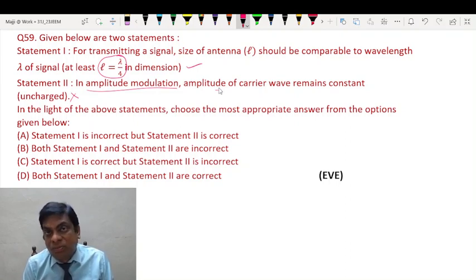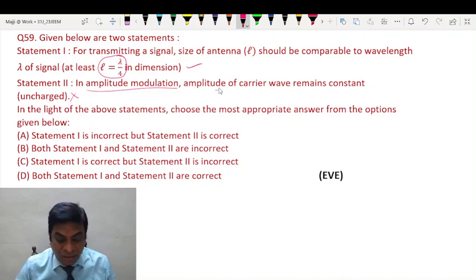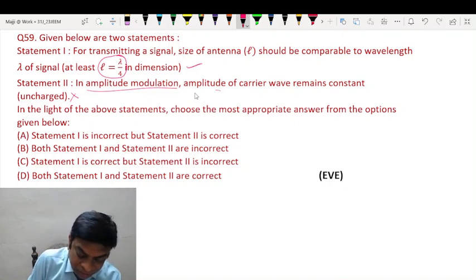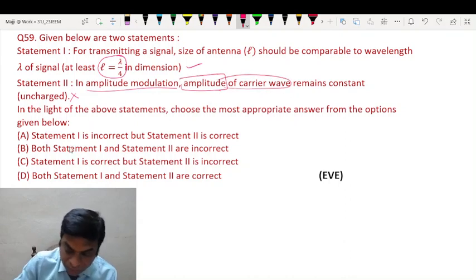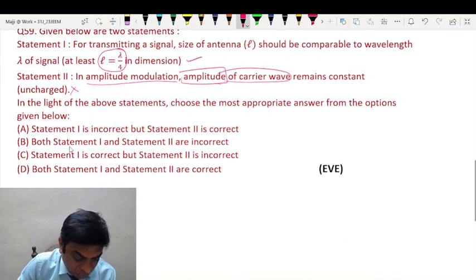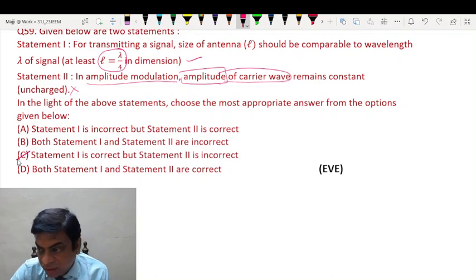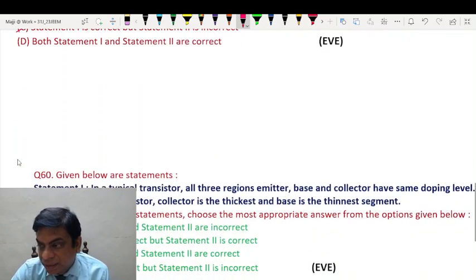In case of frequency modulated wave, the frequency of the carrier wave variation will be in accordance with that of the modulating wave. So here amplitude modulation itself means amplitude of the carrier wave has to change. Statement 1 is true, 2 is wrong. C option. Statement 1 is correct, but statement 2 is incorrect.